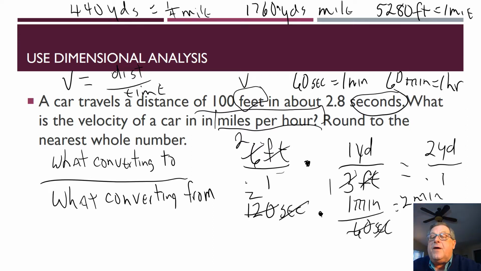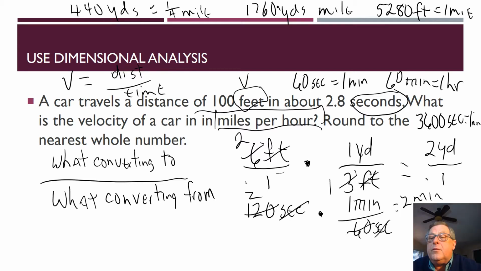And if I want to find out how many seconds are in an hour, well, that's 60 times 60. In other words, if there's 60 seconds in 1 minute and there's 60 minutes in 1 hour, then there must be 3,600 seconds in 1 hour.